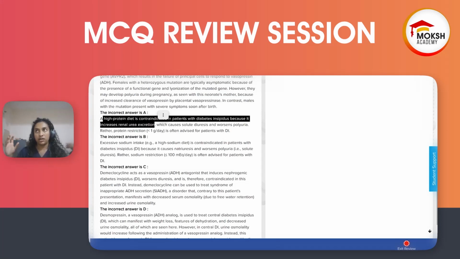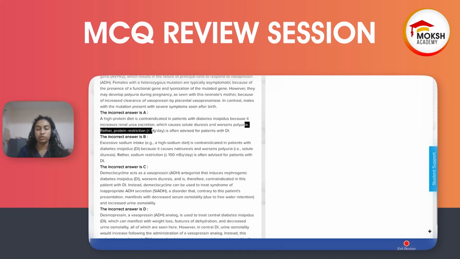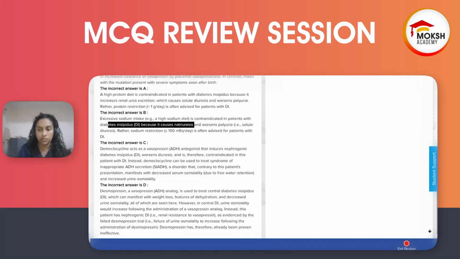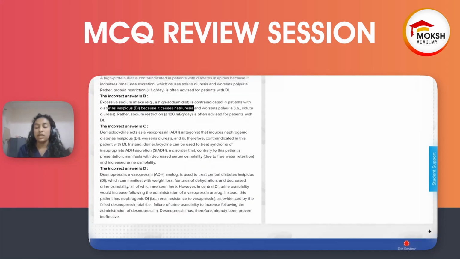So if you're eating more, the concentration of the urine increases, and obviously there is an increase in solute diuresis, and it worsens polyuria. So you don't want to give your patient a high protein diet. Excessive sodium intake is also contraindicated in patients with diabetes insipidus because it causes natriuresis. It worsens polyuria. So whatever you give in excess, if it's causing polyuria, you don't want to give that.